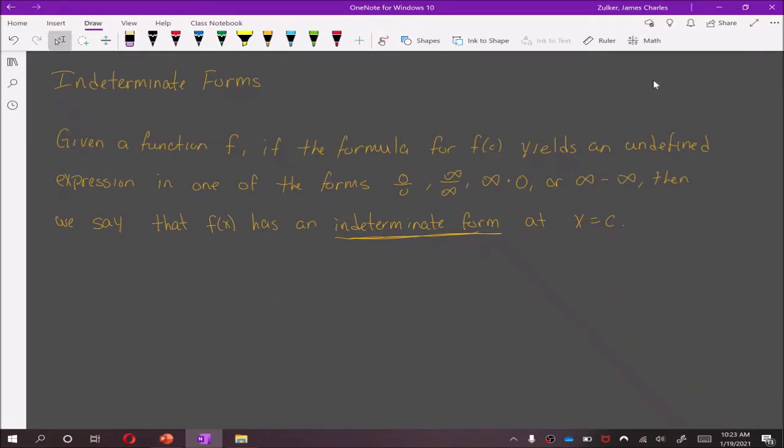Now, if a limit produces an indeterminate form, there are a couple of ways we can go about evaluating it.